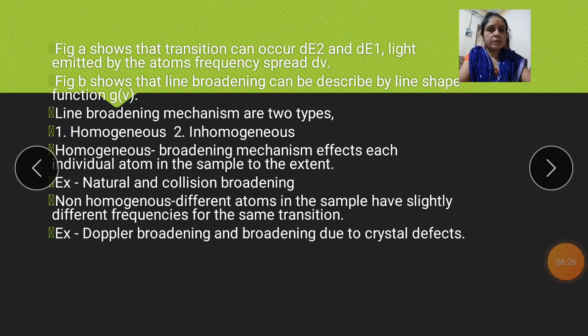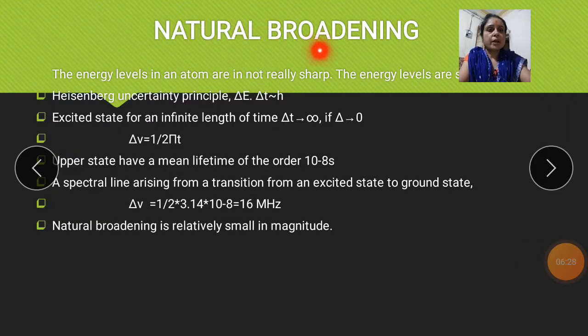The next mechanism is natural broadening. In natural broadening, the energy levels in an atom are not really sharp.